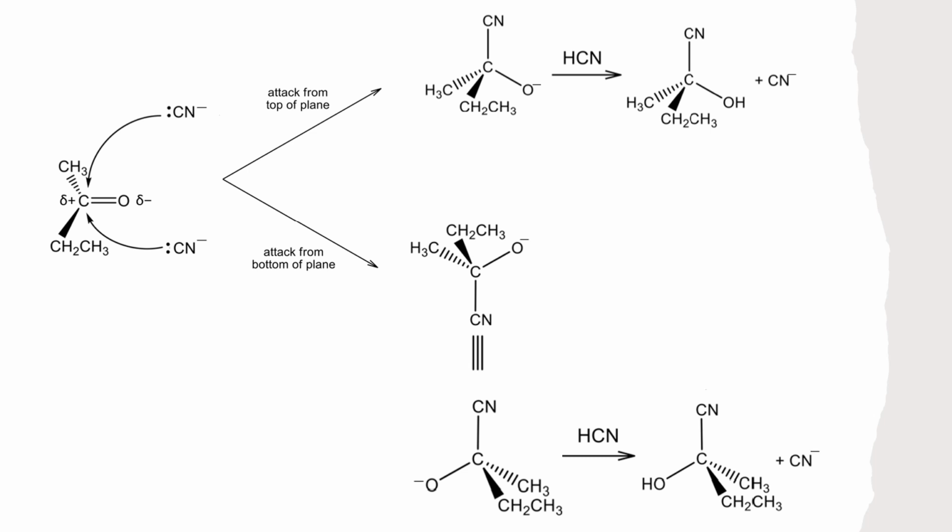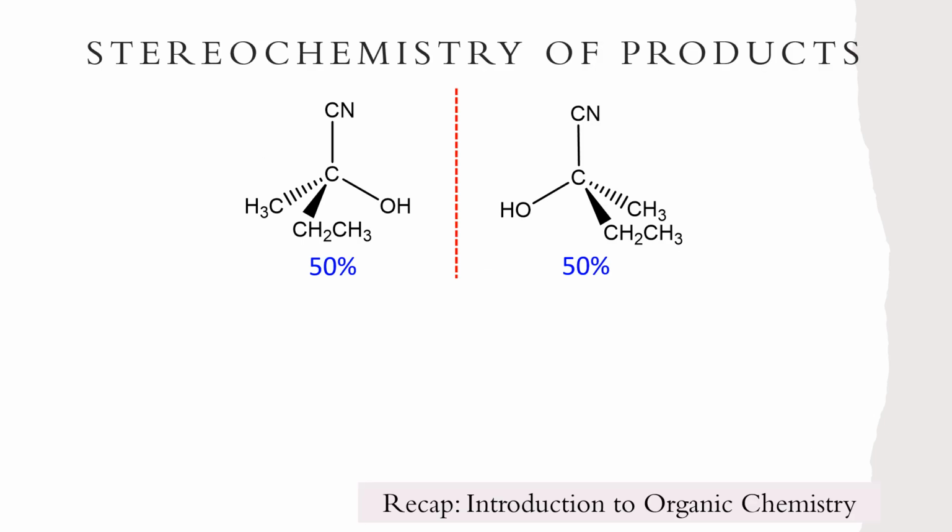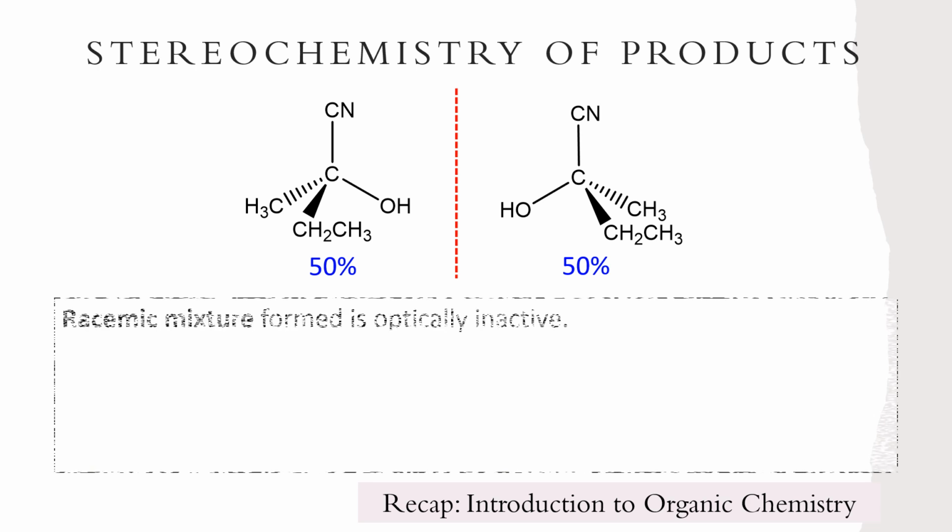Note that these two products are non-superimposable mirror images of each other, and together they form a racemic mixture. A resultant mixture containing equal amounts of each enantiomer is known as a racemic mixture.